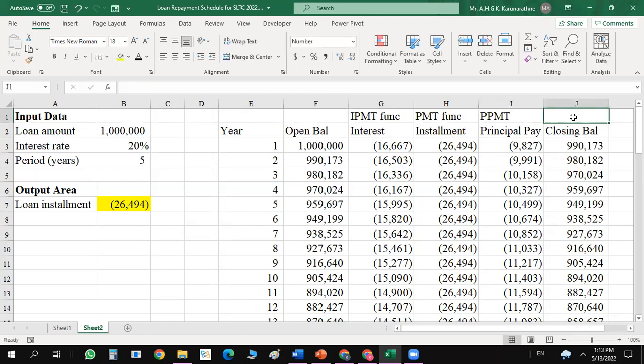That's all. And if it's a monthly basis, make sure each and every rate should be divided by 12, and NPER, the number of periods, should be multiplied by 12. That's it. Okay, that's about the loan amortization schedule.